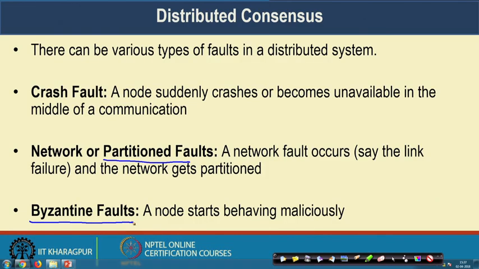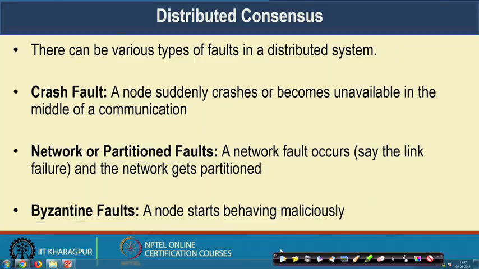Sometimes the node can give a vote against the consensus, or sometimes a vote in favor of the consensus. That is why handling Byzantine nodes becomes difficult in a typical distributed system. But while we are dealing with different kinds of consensus protocols, we have to deal with these three different types of faults.